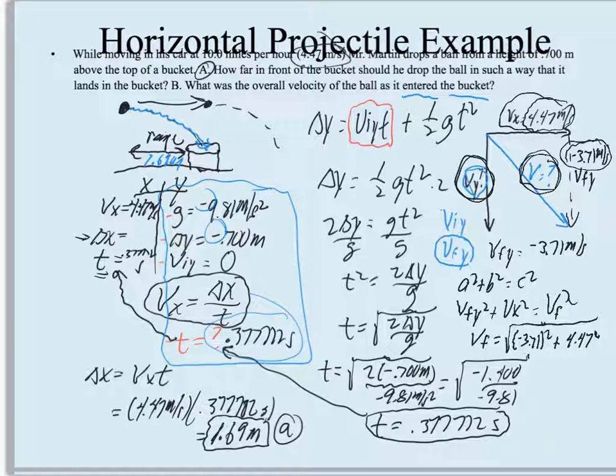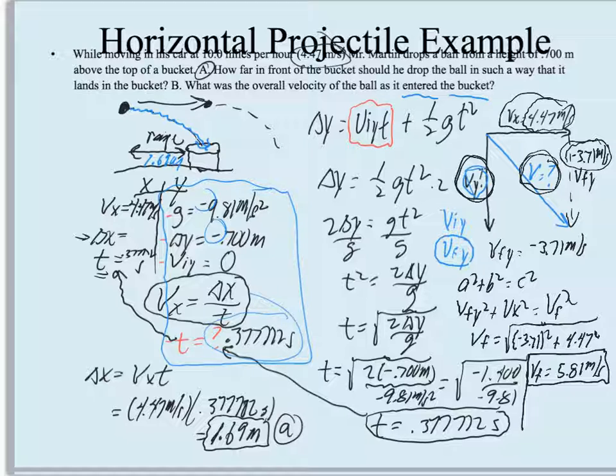And when I do that, Vf equals 5.81 meters per second. So that right there is the overall speed of the ball. It's the overall speed, 5.81.